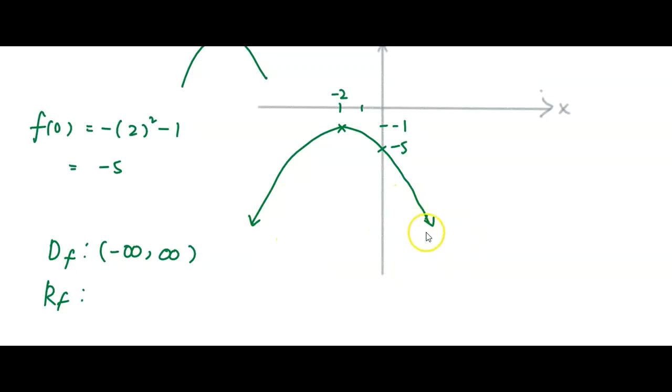The lowest point of your graph is at the two endpoints, which the y value can be represented by negative infinity. And the highest point of this graph is this point, yeah? And it has the y value negative 1, meaning that your range will be up to negative 1. And this point is included in the graph, so you use the closed bracket to close up the range.